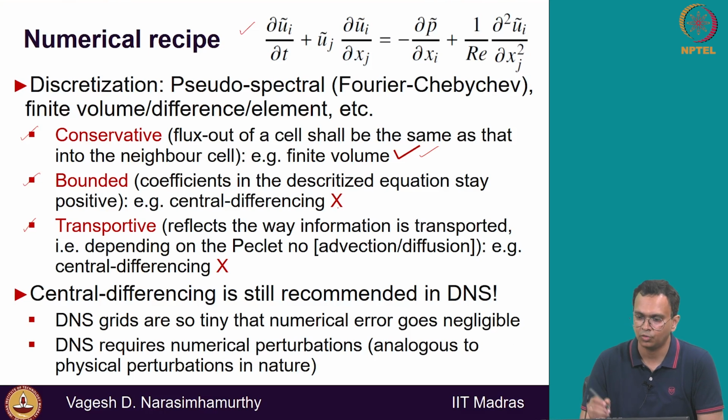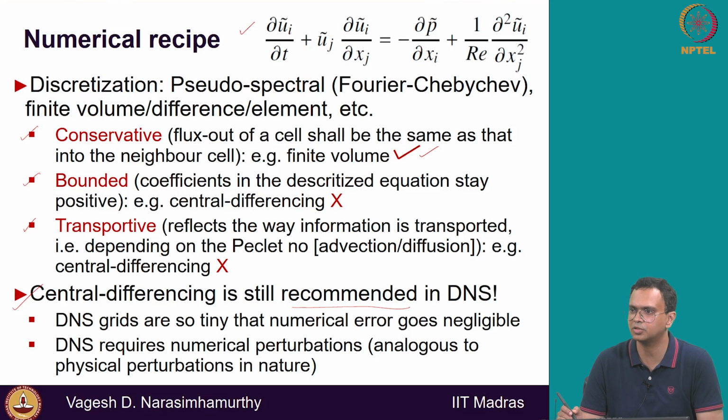But when we solve eddy resolving techniques, direct numerical simulation, large eddy simulation, and so on, it is recommended to use the central differencing scheme in DNS, LES, and other eddy resolving techniques. In RANS techniques, you may not use it. Okay. So why are we recommending the CD scheme here, despite it giving numerical oscillation? The first thing is, as I said, DNS grids are so tiny that numerical error becomes negligible, right?